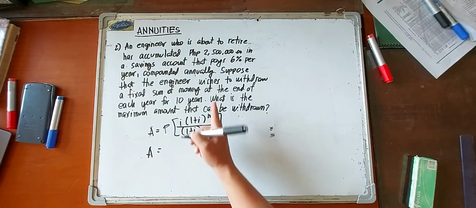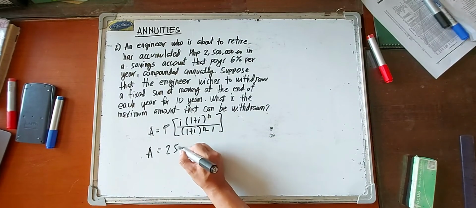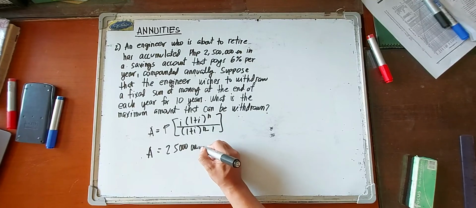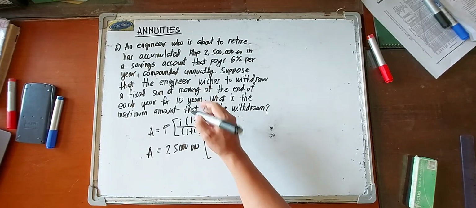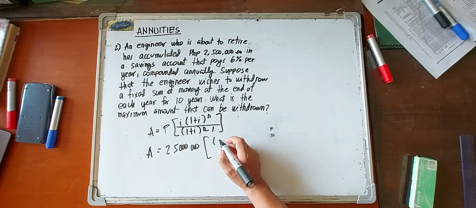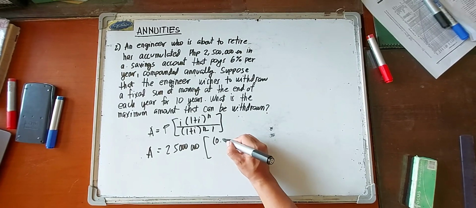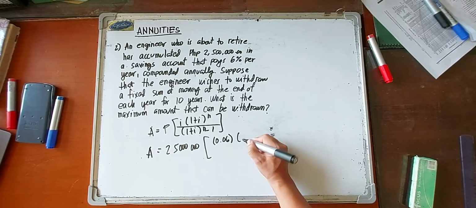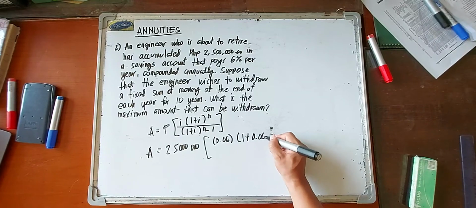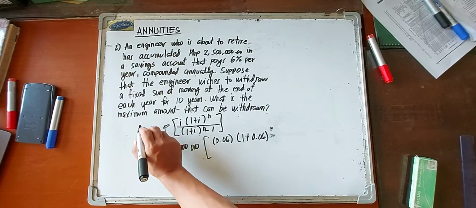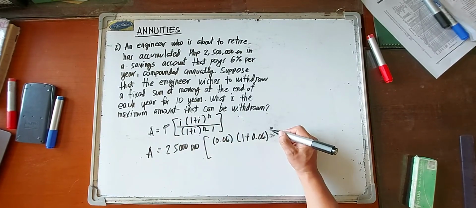Okay, so we have 2,500,000. The interest rate is 6%, should be in decimal form. We have 10 years.